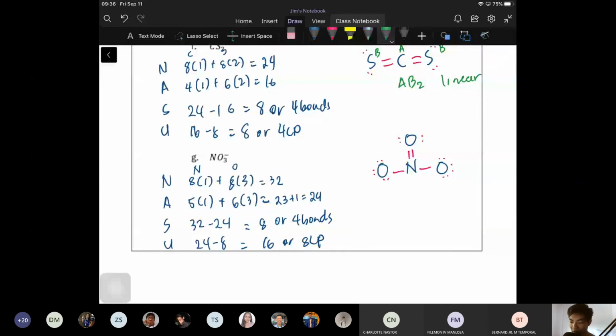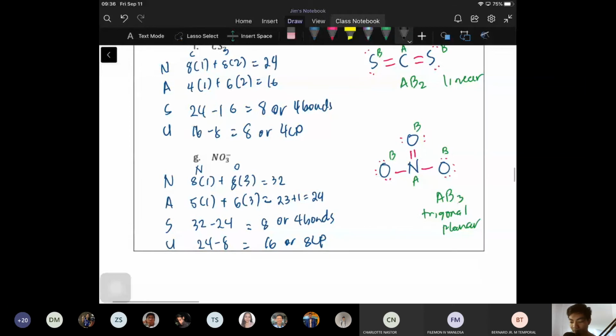Then, code. What's my code? A, B, B, B. Do I have a lone pair on the central atom? None. I used them all on the terminals. So, my code would be AB3. And what is the shape for AB3? Trigonal planar. So, I have to redraw my structure as trigonal planar.